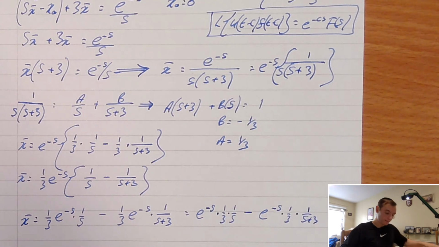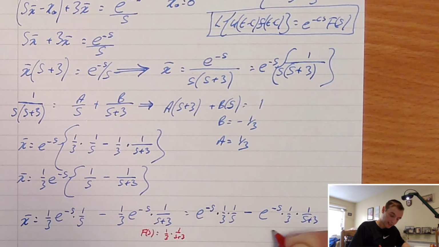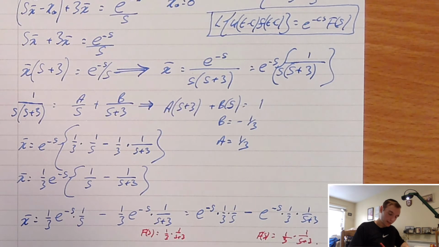So over here we can see that the f of s component is going to be 1/3 dot 1 on s, and the f of s component over here is going to be 1/3 dot 1 on s plus 3. Wait a minute, is that right? Yeah. And that implies then that the f of t is going to be 1/3 e to the minus 3t in both cases.